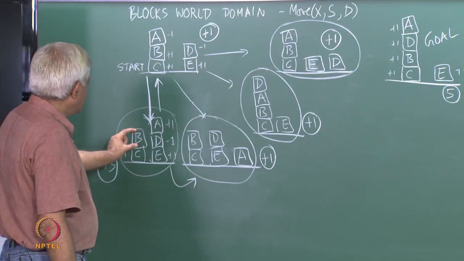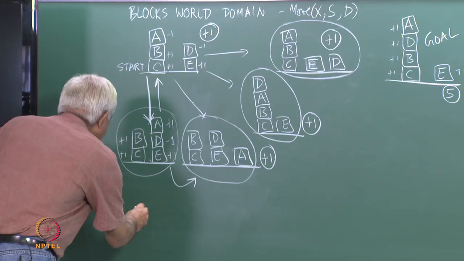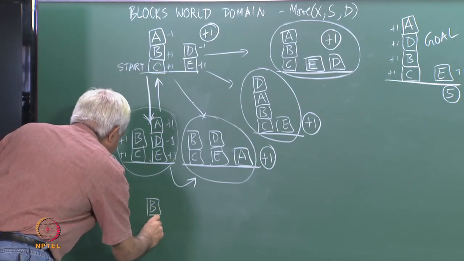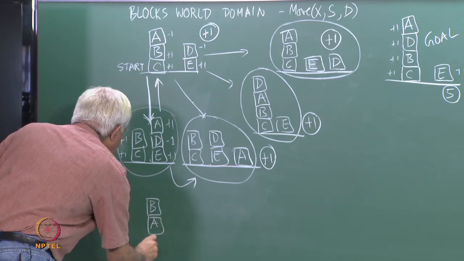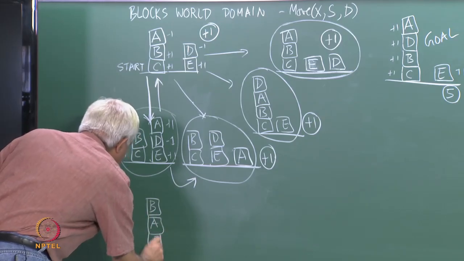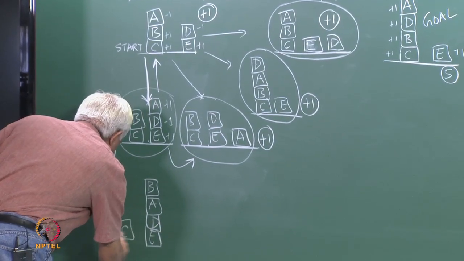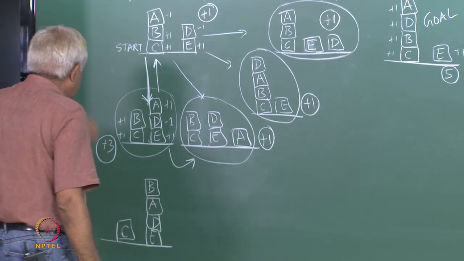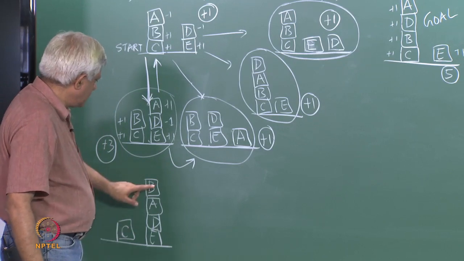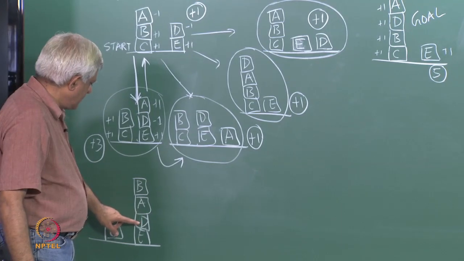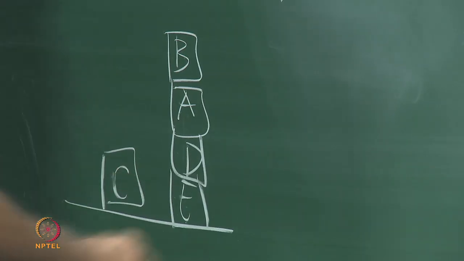The other option is you can take B and put it on A, so you will get this state, and you must tell me the heuristic value of this. So, +1 for this, -1 for this, +1 for this, -1 for this, +1 for this. So, this whole thing comes to +1.